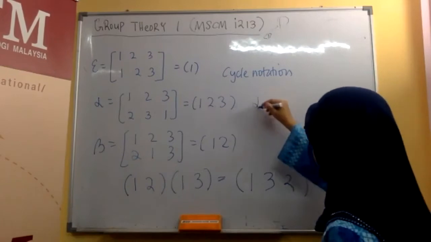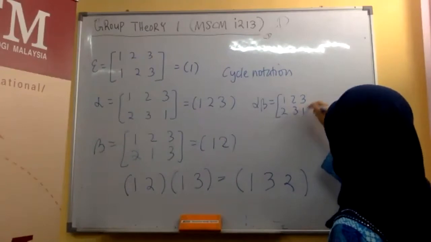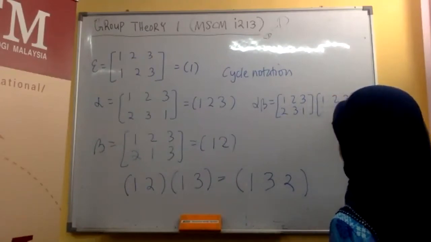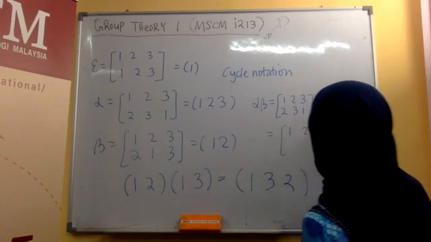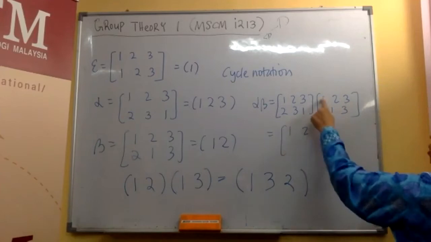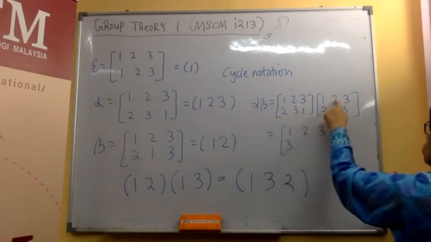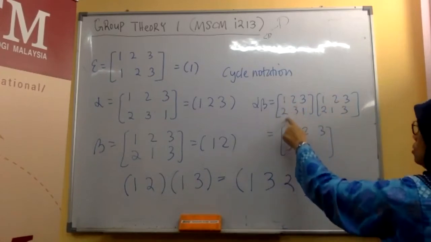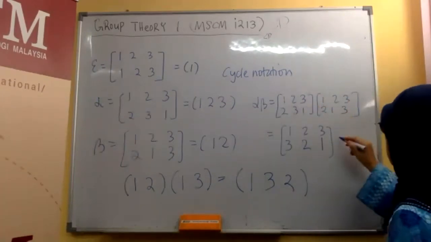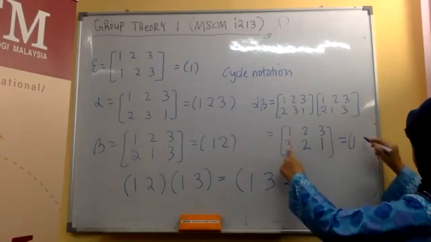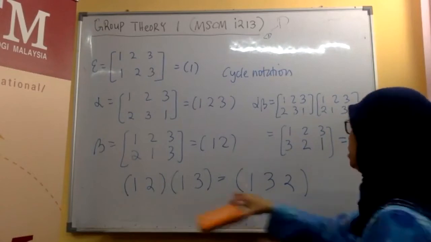When you multiply this way, I don't like using matrix because you have to copy this. What you do is from the right, 1 goes to 2, 2 goes to 3. 2 goes to 1, 1 goes to 2. 3 goes to 3, 3 goes to 1. This is actually (1 2 3) and (3 1). This is how you multiply by matrix.